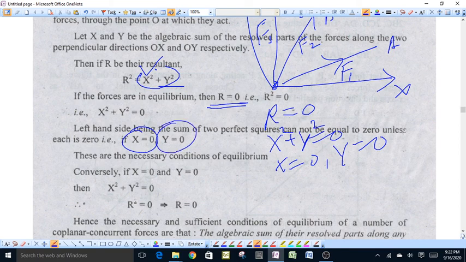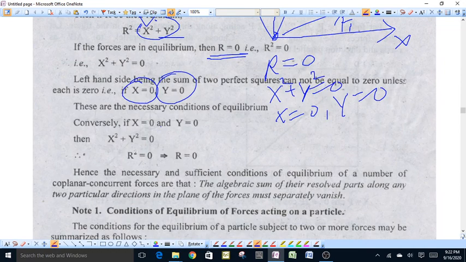This is the necessary condition for the equilibrium of any number of forces which are acting at a point, which are coplanar and concurrent. Suppose X equals 0 and Y equals 0, this means X square plus Y square will be equal to 0, meaning R will be equal to 0.